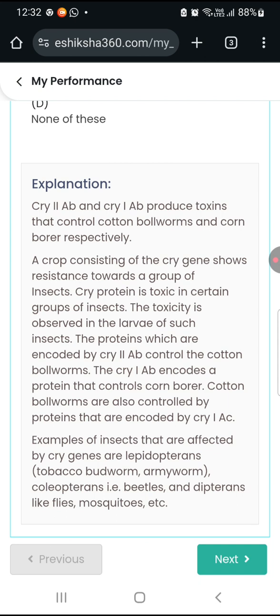Examples of insects that are affected by cry genes are lepidopterans like tobacco budworm and armyworm, coleopterans, that is beetles, and dipterans like flies, mosquitoes, etc.